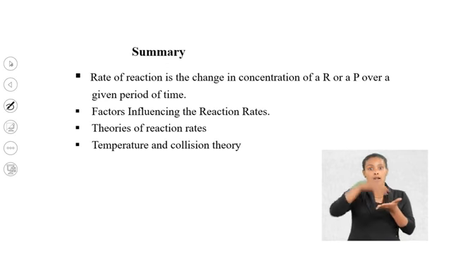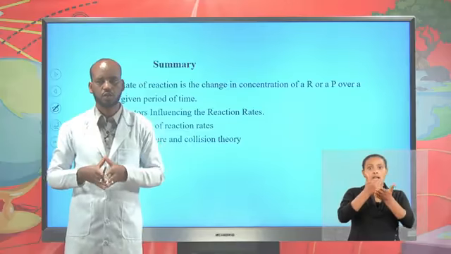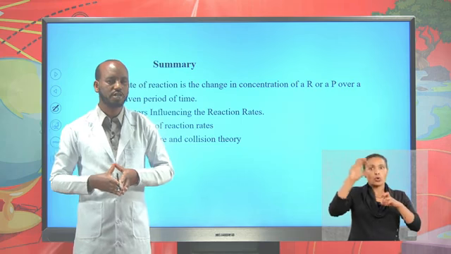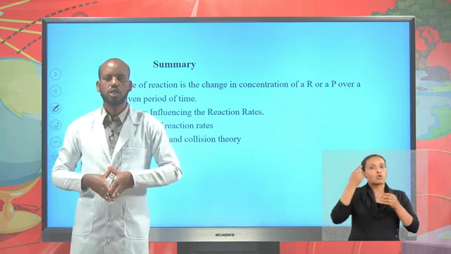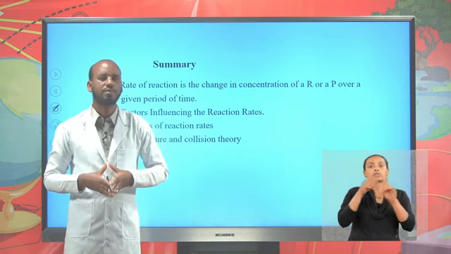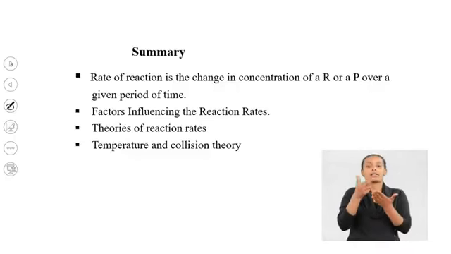We learned theories of reaction rates. The two important theories which help us to understand the rate of the reaction are collision theory and transition state theory. According to collision theory, for a reaction to take place, there must be collision between reacting species.